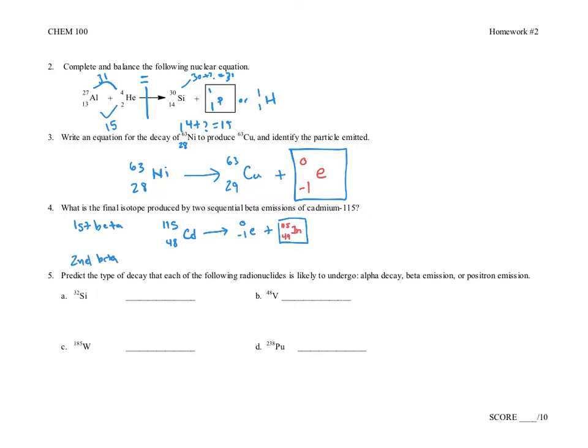So you're going to start with your indium 115, and that's going to undergo a beta decay to yield something where the mass hasn't changed. So it's still going to be 115, but the bottom number is going to increase by 1 to 50, which of course is Sn, or tin.